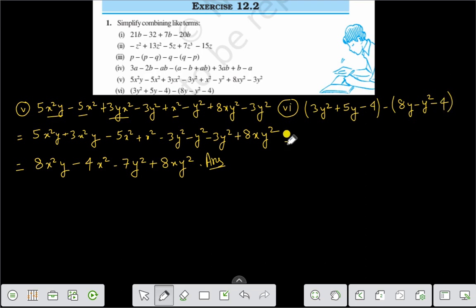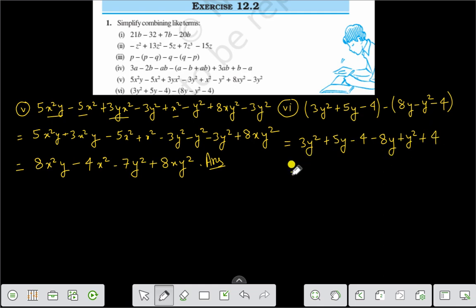That is, you are getting 3y square plus 5y minus 4, minus 8y, minus into minus plus y square, minus into minus plus 4.